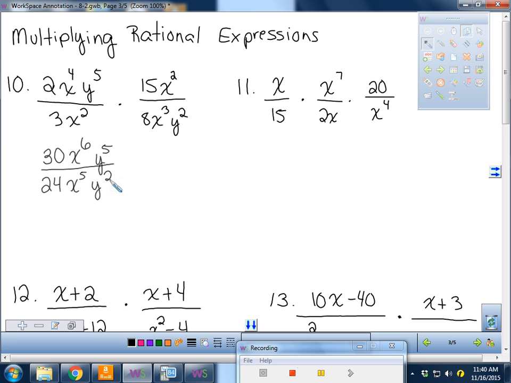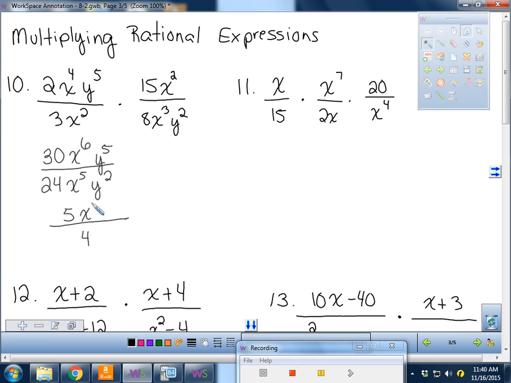All right. So now that I've got that, I just need to reduce 30 over 24. That reduces to 5 over 4. I have x to the 6th divided by x to the 5th. Remember, when you're dividing, you subtract. So I had 6 on top, 5 on bottom. 6 minus 5 is 1.